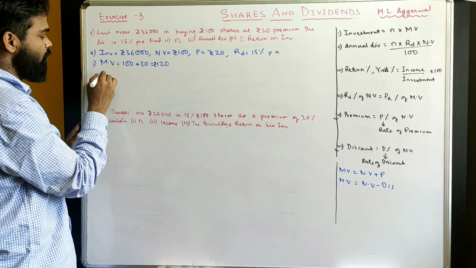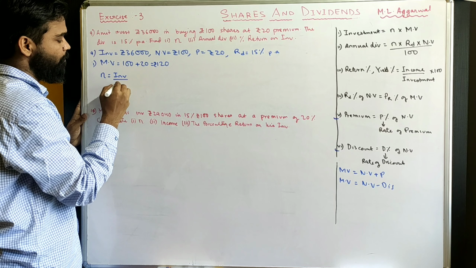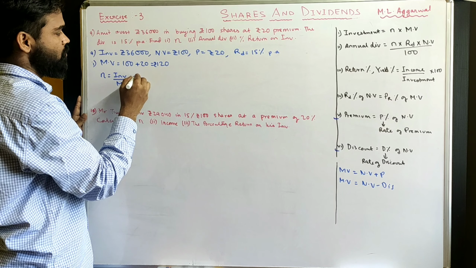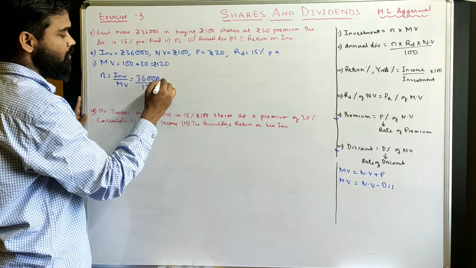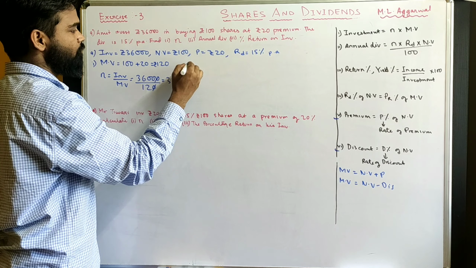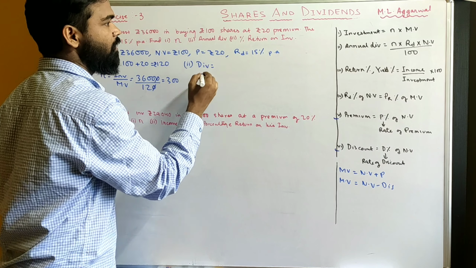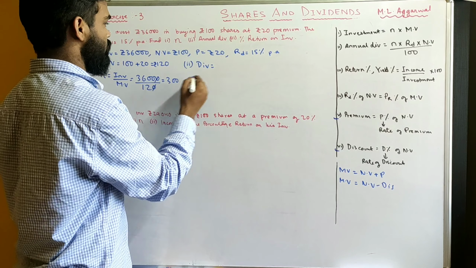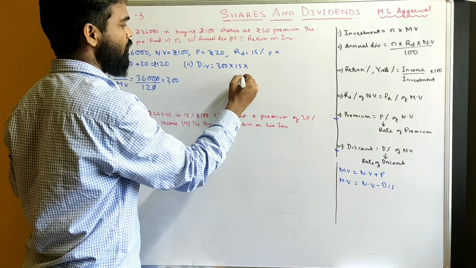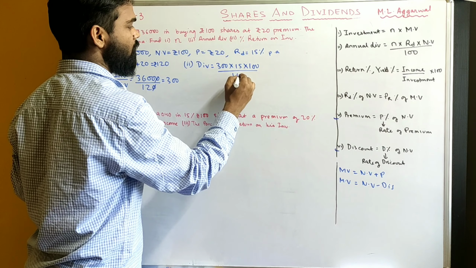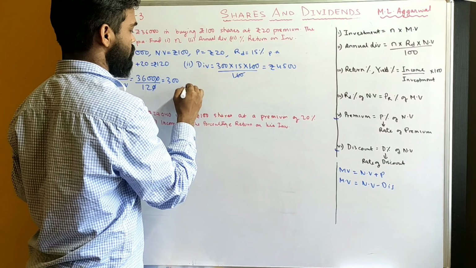Then the number of shares will be investment by market value, which is 36,000 by 120. This is 300 shares. Okay. Annual dividend. So his dividend is number of shares, which is 300, multiplied by the rate of dividend multiplied by nominal value by 100, which is rupees 4500.